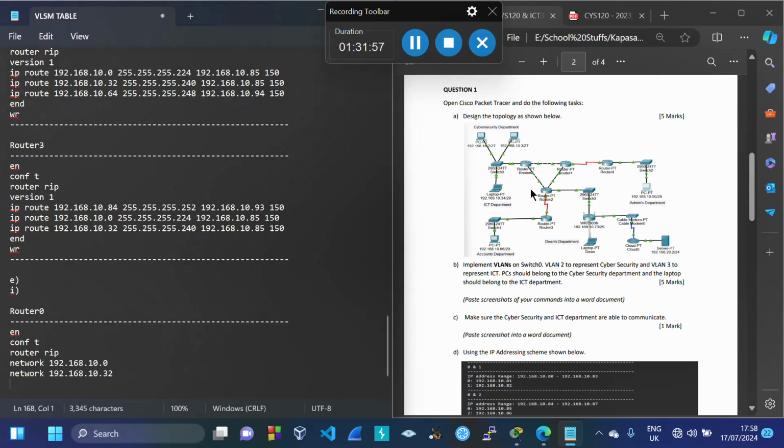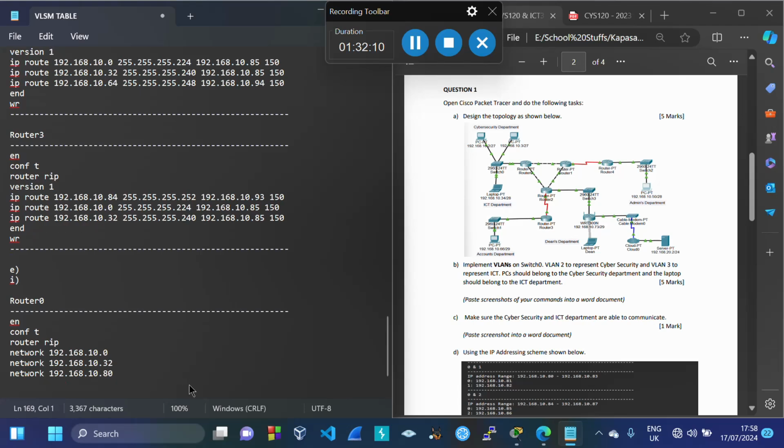After doing that, we need to broadcast the network between 0 and 1. Between 0 and 1, we have a network of .80. So we put 80 there. Then the last network is between router 0 and 2, which is .84.